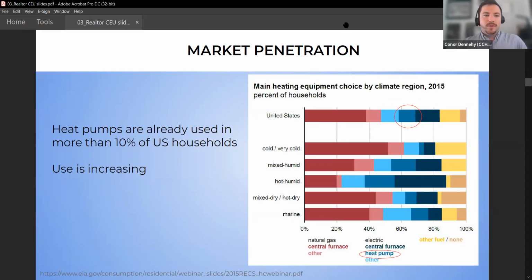I just want to give a brief overview of market penetration for heat pumps in general. As I mentioned, in a lot of the warmer climates, this is a technology that's been around for a long time, decades, so people are pretty familiar with it. But as you move up this chart and get into colder areas, natural gas and Alaska fuel oil are pretty predominant. Those fossil fuels have been around for a long time, and that's predominantly what you're going to find, because they're reliable at cold temperatures and they work for people's homes.